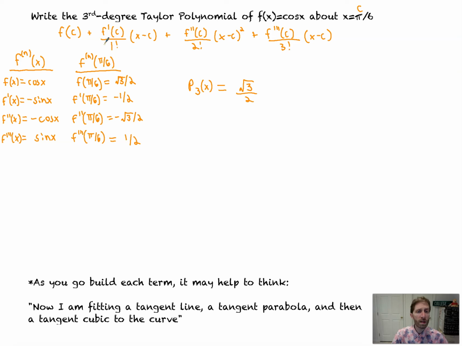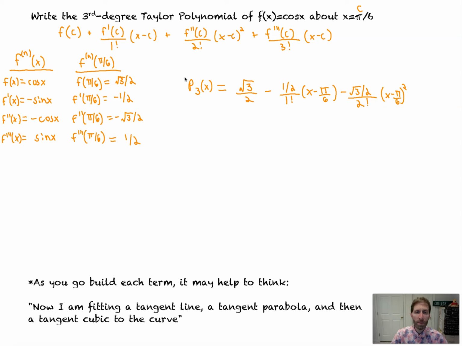This next one is going to be minus 1/2, so minus 1/2 all over 1 factorial times x minus c, which would be x minus pi over 6. Nice. The next term is going to be minus root 3 over 2, so minus root 3 over 2 all over 2 factorial times x minus pi over 6 squared. And hopefully we can fit this in here.